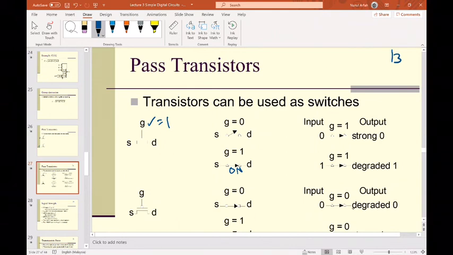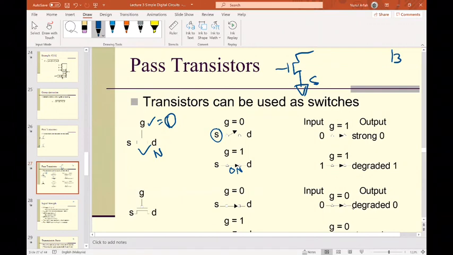But if we turn off the gate, then you will have that switch off, or open switch. Okay, but since this is an NMOS, and you know that NMOS always connects to the ground, the source always connects to the ground.